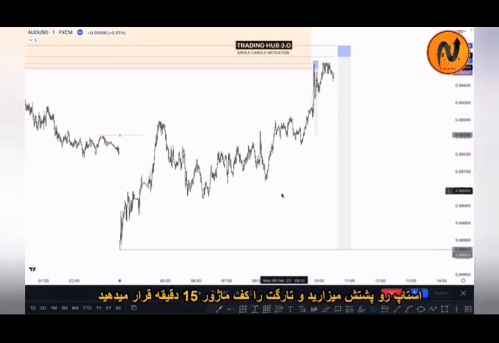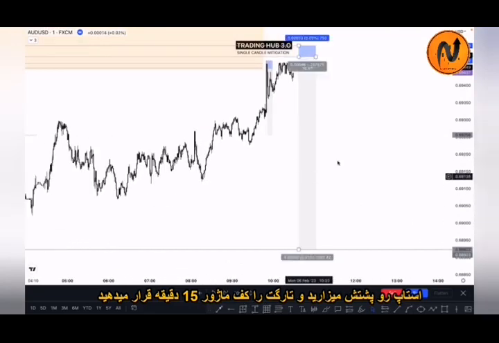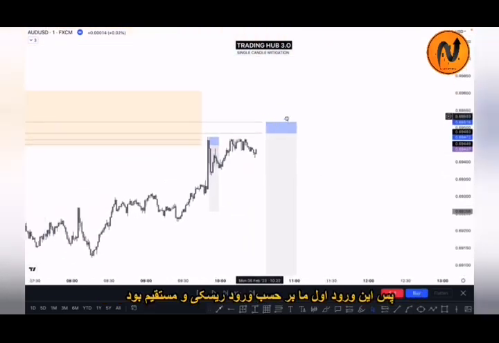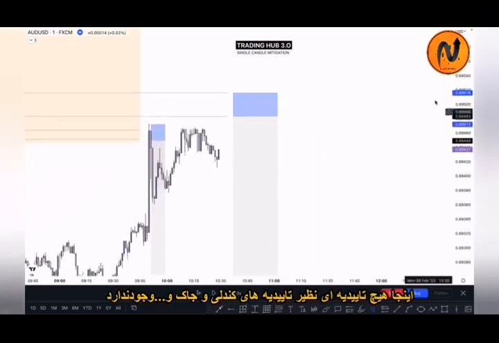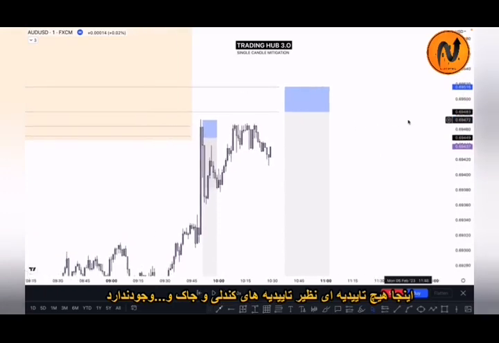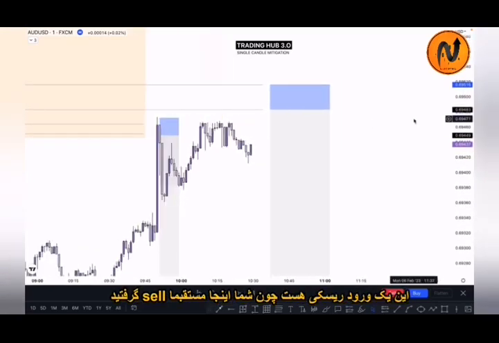So this becomes our 15-minute low as a target, and this one is our first entry if you are willing to sell directly. Okay, there is no additional confirmation, no candle confirmation, no CHoCH confirmation. This one is a risk entry because you are willing to sell here directly.